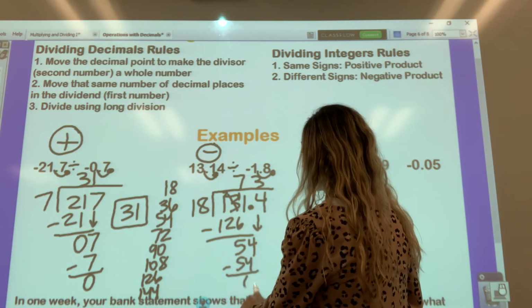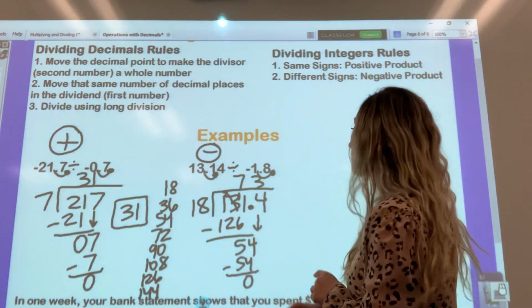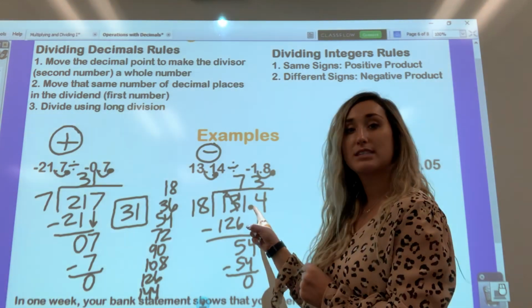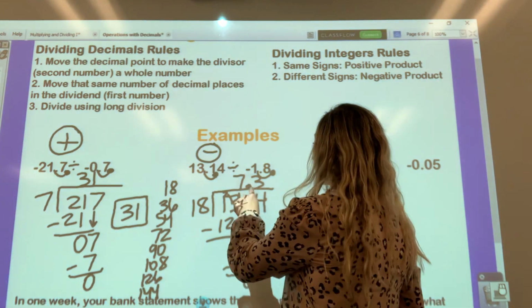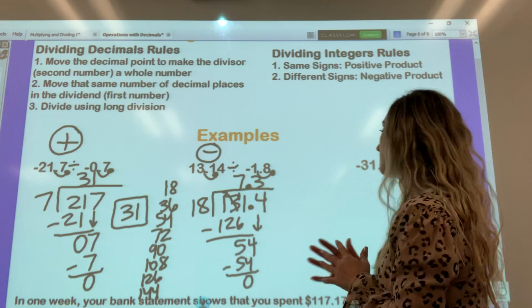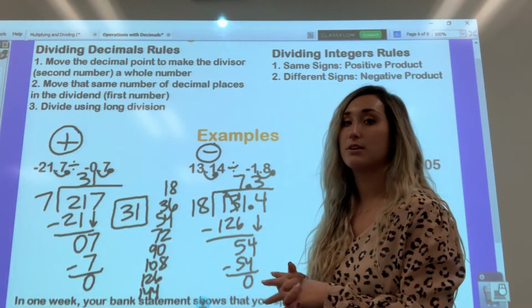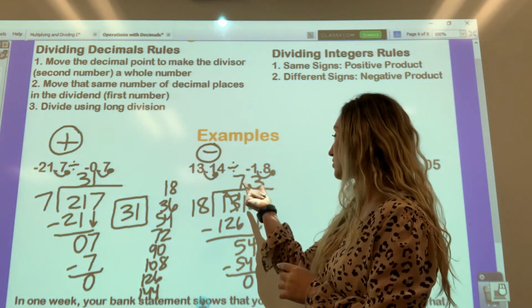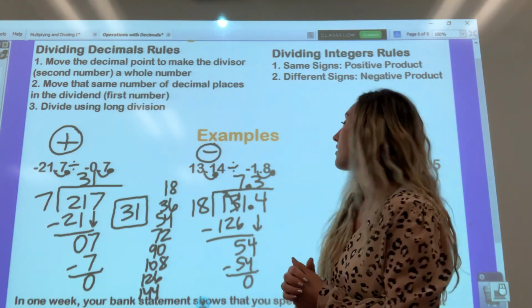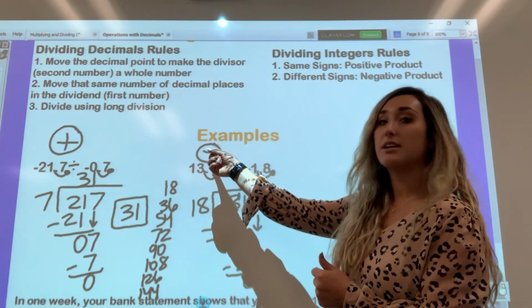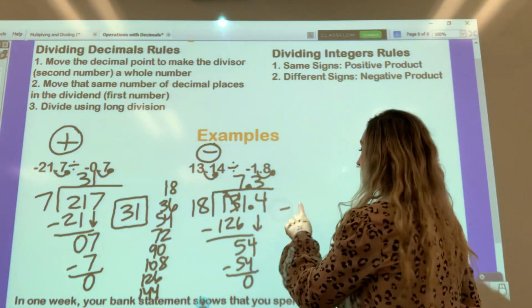When you do that, you get a remainder of 0. And don't forget, you have to shoot this decimal point straight up into our answer. You can even start by doing that before you do the division. And you get an answer of 7.3, okay? And don't forget, it's a negative 7.3.